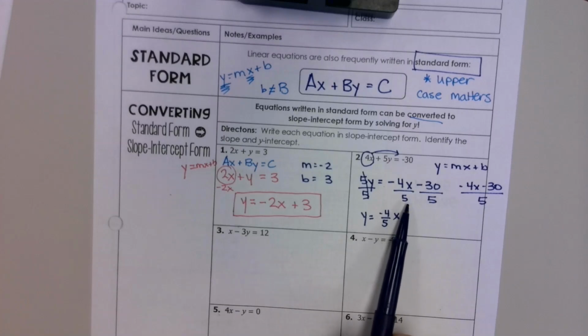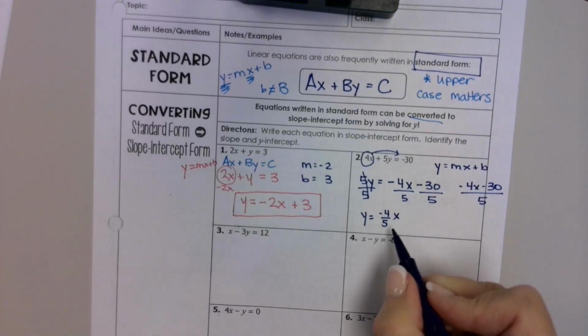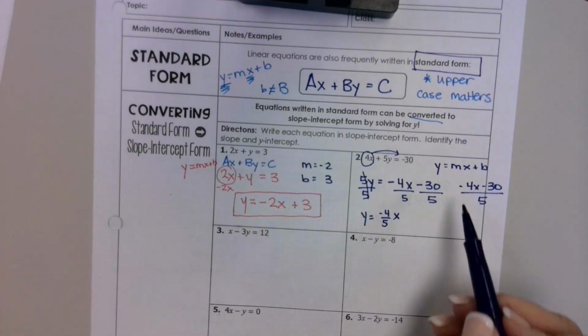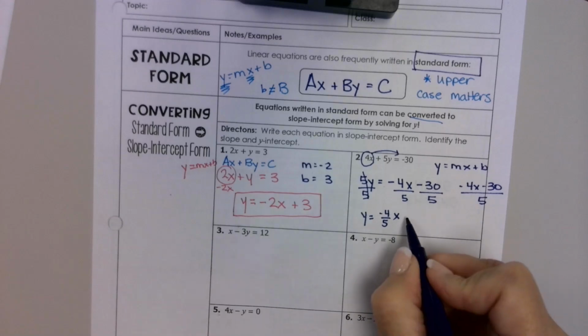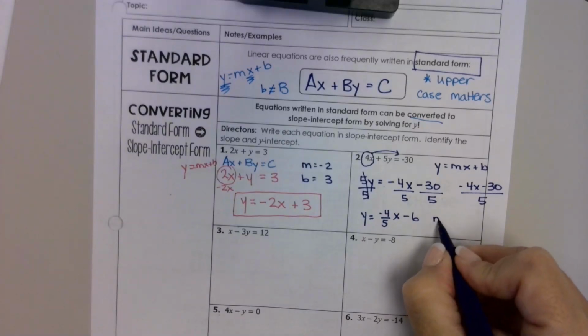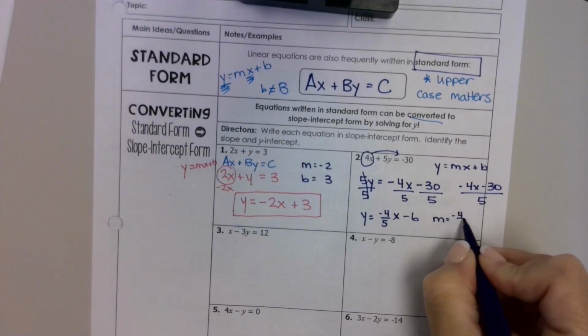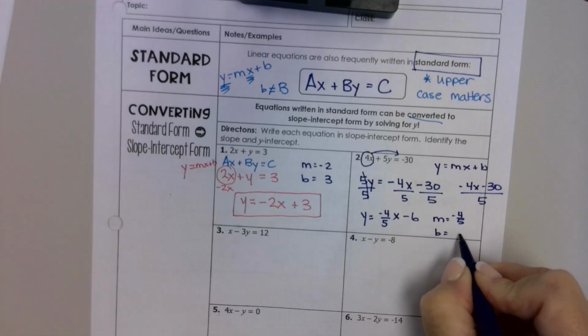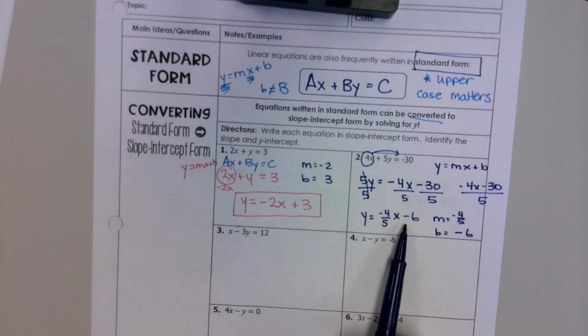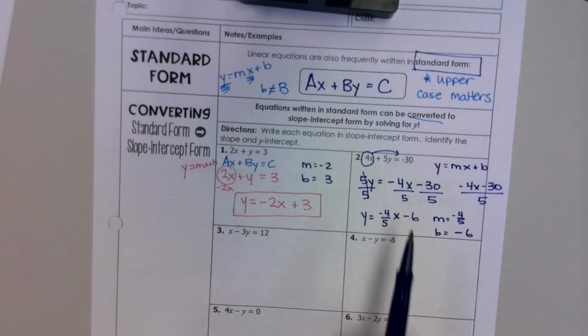I can leave it just like this, but it's important to see that now I've created my slope. My slope is negative 4 over 5. And then when I simplify this, I end up with negative 6. So my values of importance, m is negative 4 over 5, and my b value here is negative 6. It's negative because the sign in front of my b value is negative. Okay? All right, let's do another one.